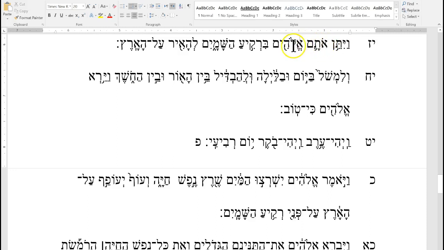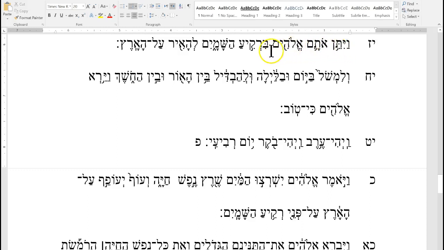Vayitain otam Elohim, and God gave them. So this is et plus that pronominal suffix, and God gave them barakia. Now, if we were in BibleWorks, we could type in natan and be, and we would see that this language is used over and over of people putting stuff in the temple. So God putting these lights in the universe is just like Moses and Hiram and Solomon putting things in the tabernacle.